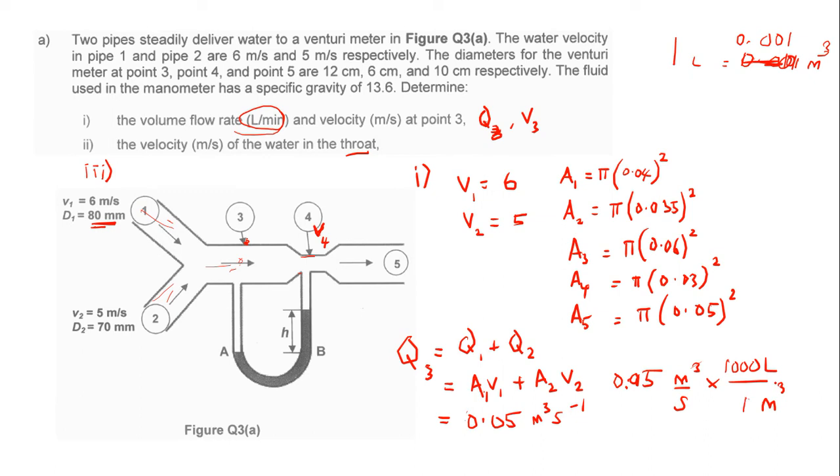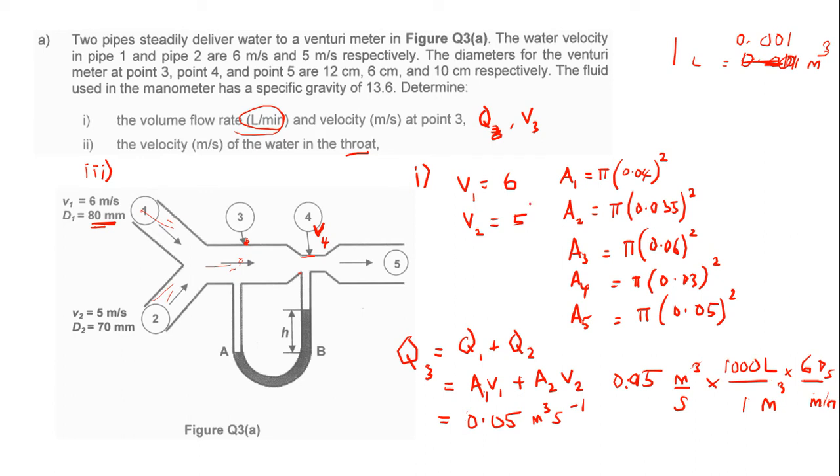And for the time unit, how do you change second to minute? You times 60, because 1 minute is 60 seconds.